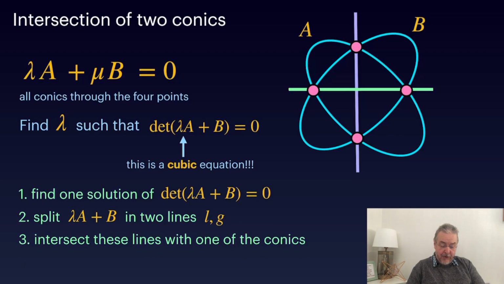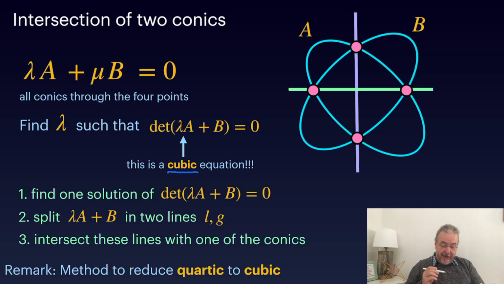Let me make one final historical remark here. I told you that you need a cubic equation here, but if you do that naively, then it turns out that conics are quadratic equations. So intersecting two quadratic equations leads to a quartic equation.